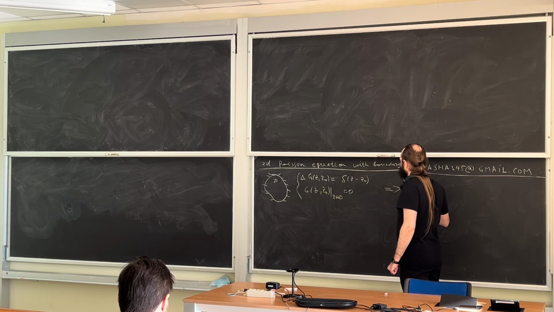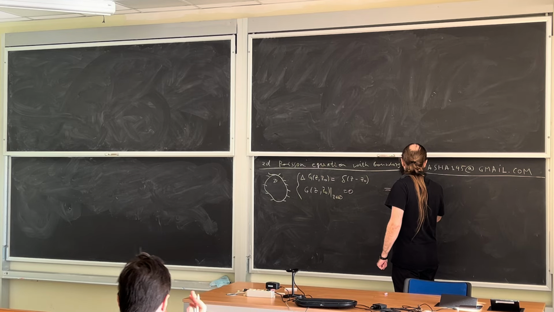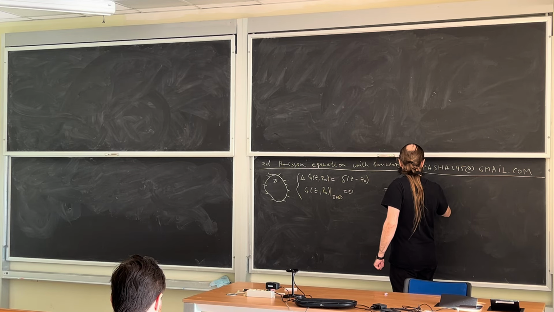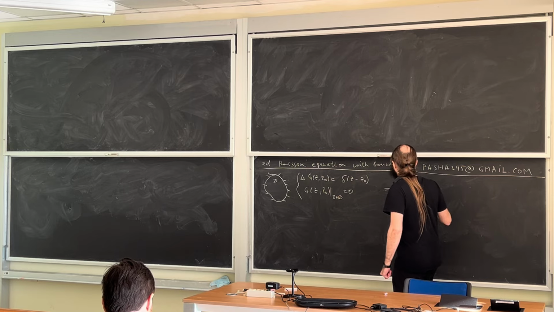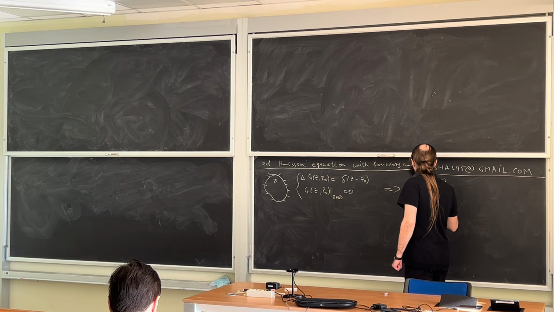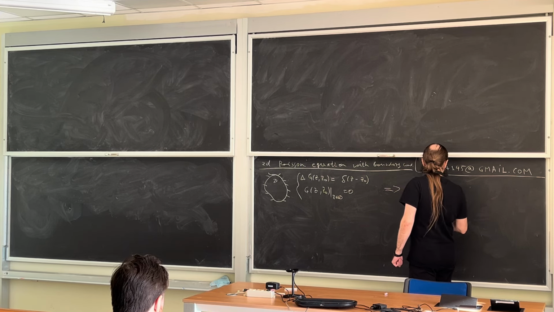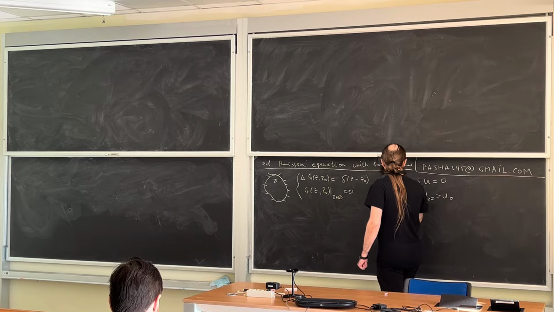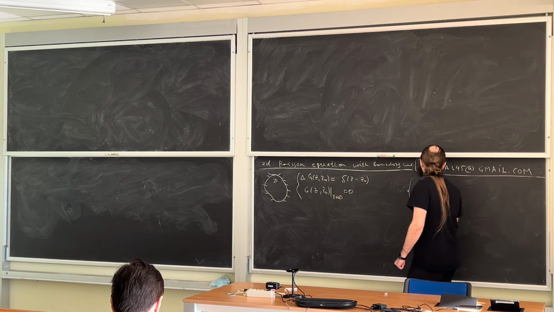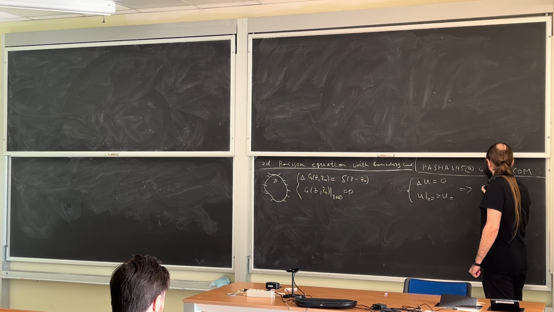So if we have a problem like this, Laplacian of u equals 0, and u restricted to the boundary equals u0, a solution to this problem is given by this formula.